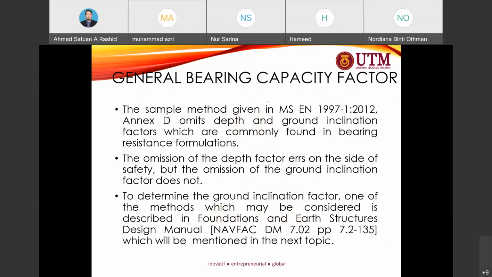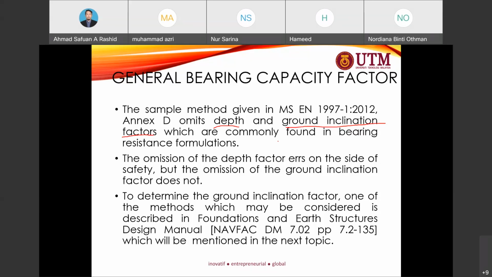Okay, so they do not consider the depth factor. They do consider the ground inclination factor, but they include eccentricity in the inclination factor as well, which is commonly found in bearing resistance formulations.